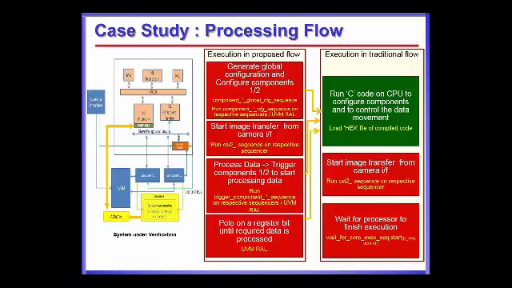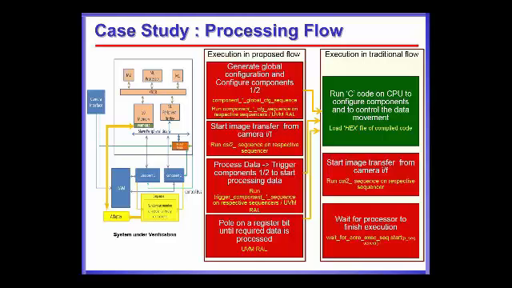And then let's see how the execution in the proposed flow would work. In order to have a processing flow, we needed to generate configurations for the peripherals like component 1, component 2, which we were able to do by randomizing a few sequences in the current flow.